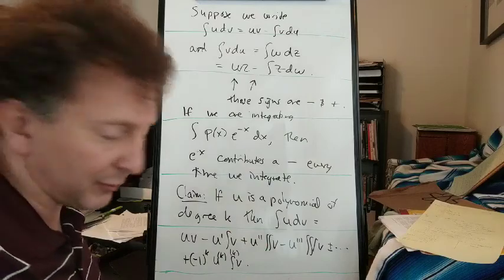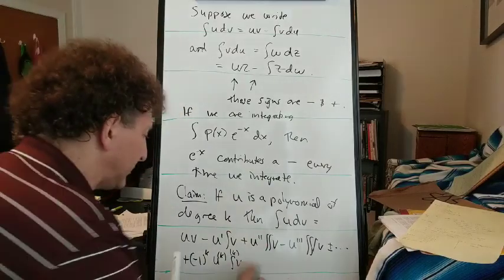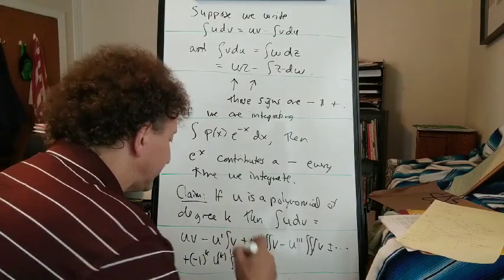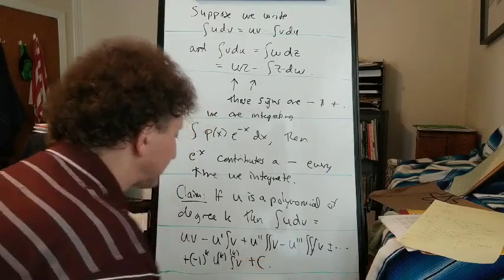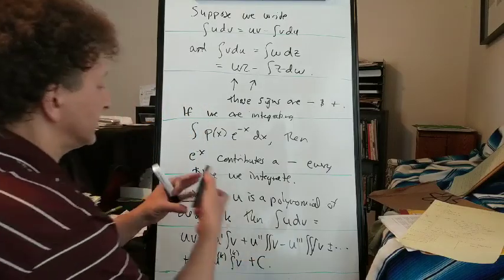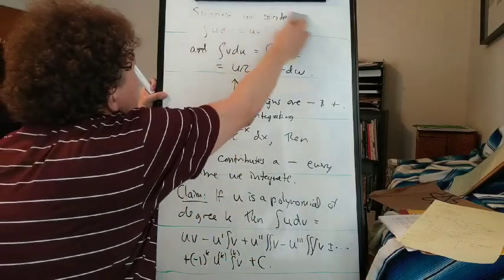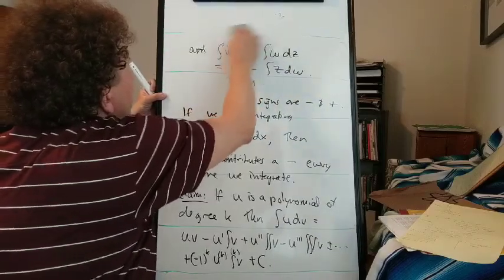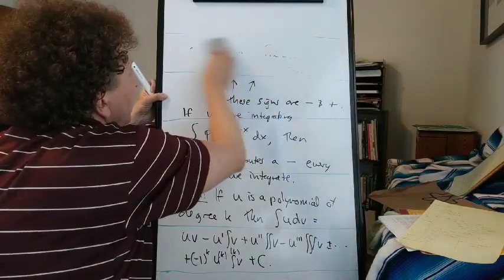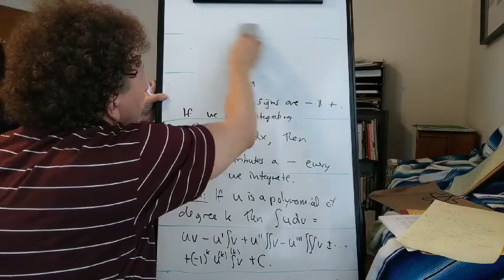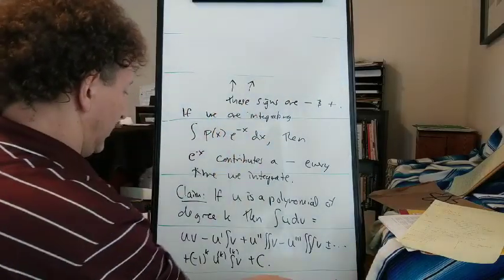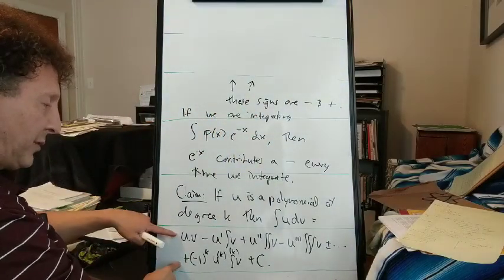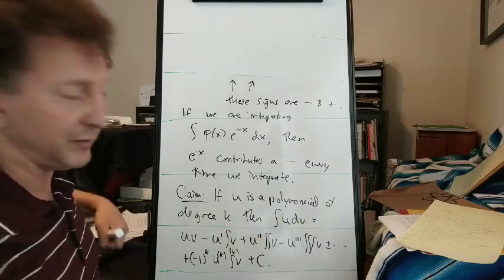Plus c, because I'm writing this as an indefinite integral. Alright, so to prove that this is true, we could just take the derivative of this expression and see that we get u dv.